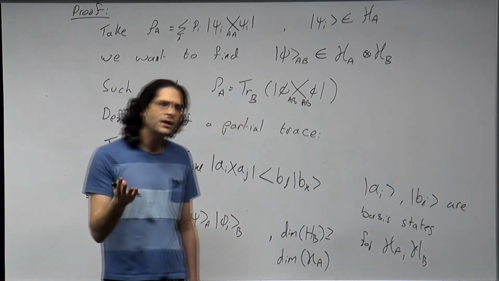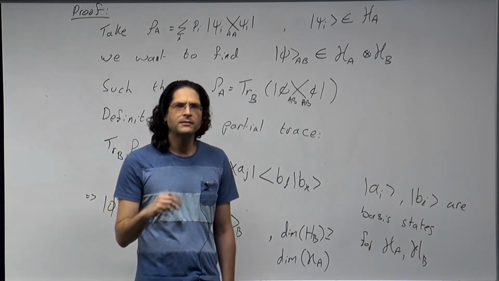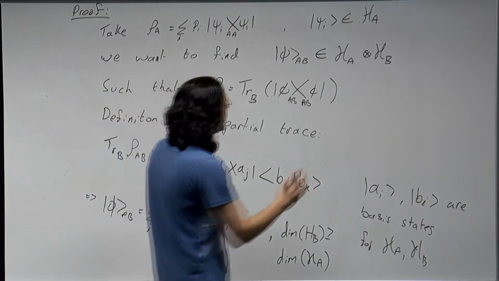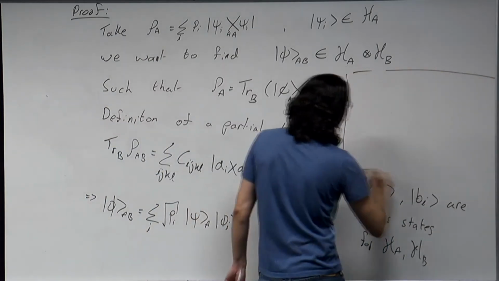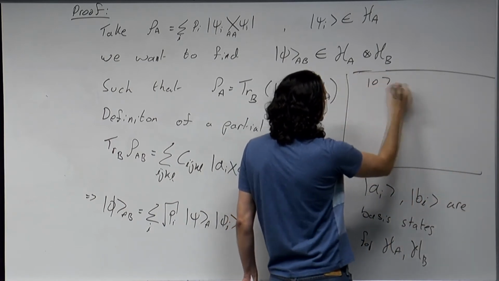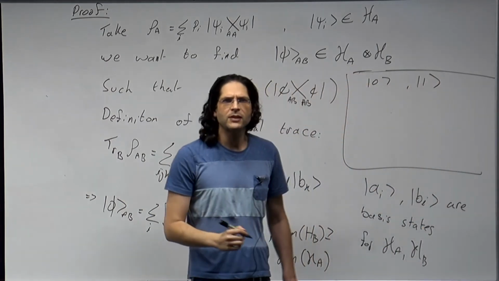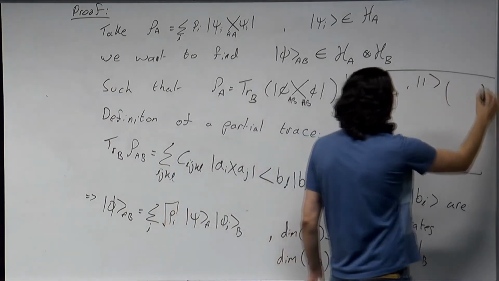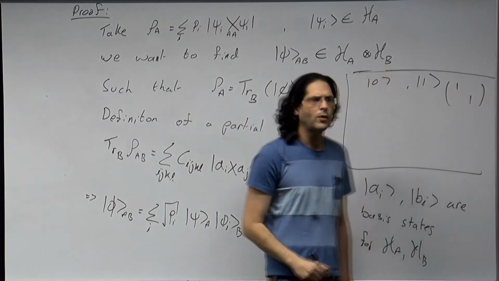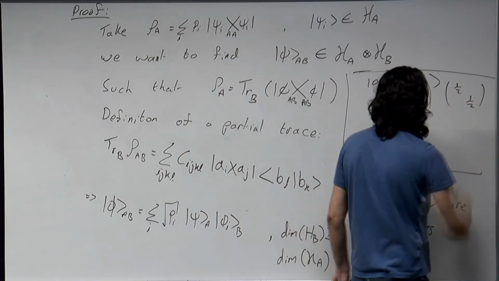Another interesting example is a two-qubit example. You can have one qubit which is in 0 and another qubit which is in 1. That will give us a density matrix with diagonal elements, half and half.